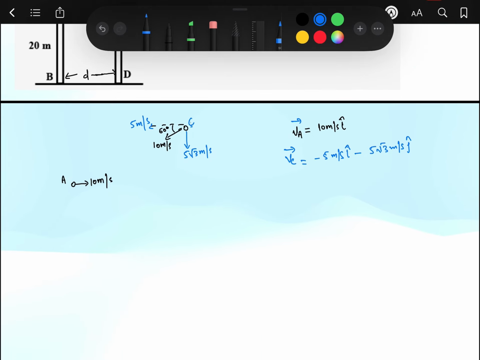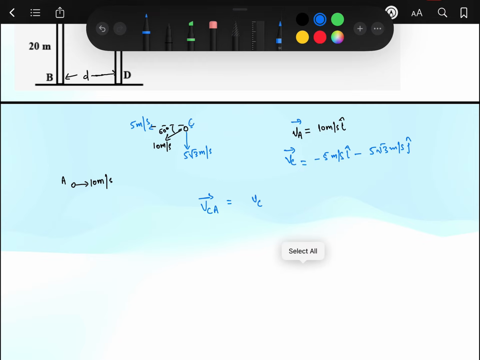then the velocity of particle C in the frame of reference of particle A will be the velocity of particle C with respect to ground minus the velocity of particle A with respect to ground.